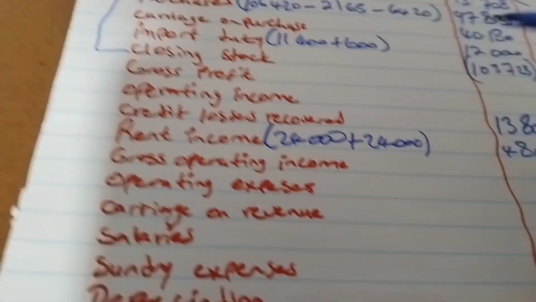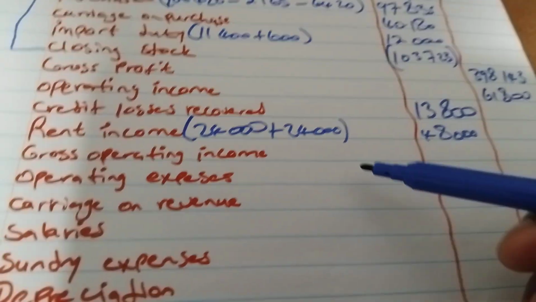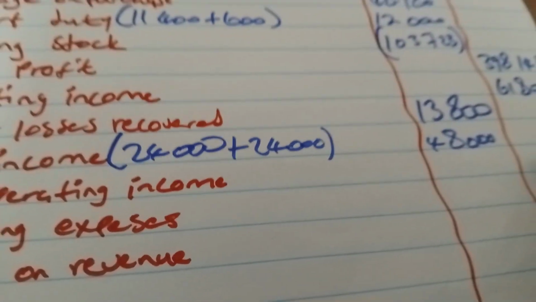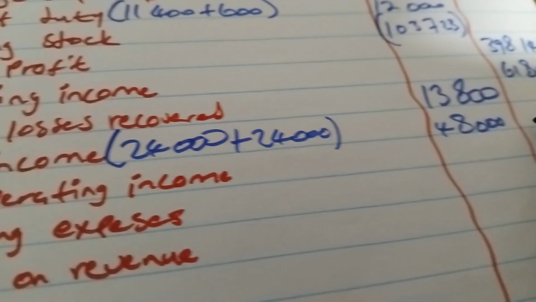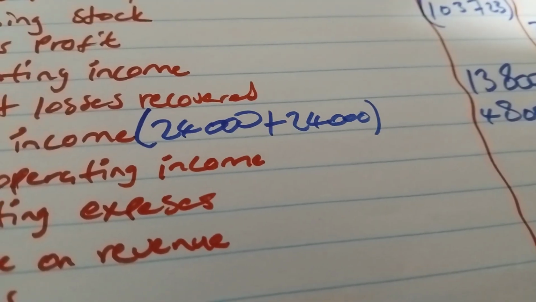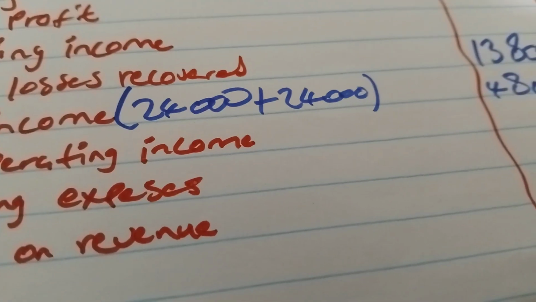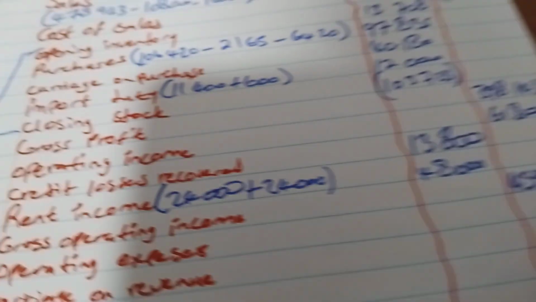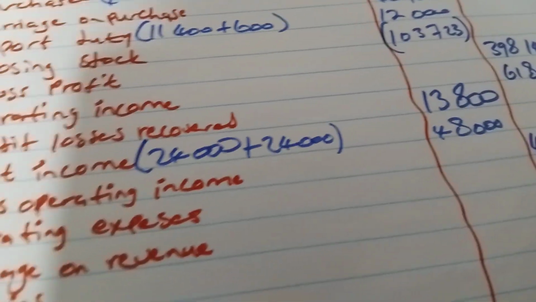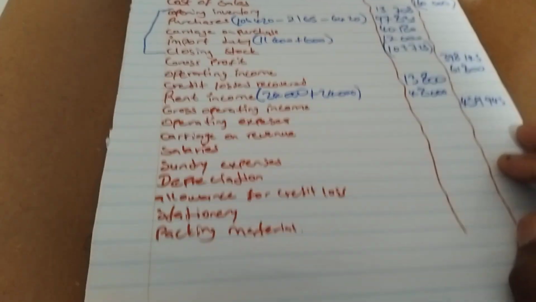And then when you say the gross profit plus operating income, they must give you the gross operating income, which is what? 459,943.